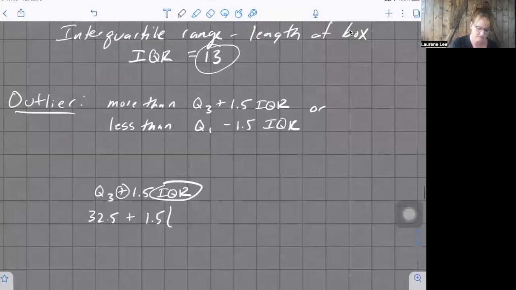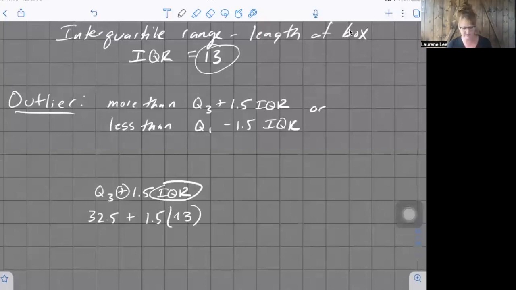It's 13. Okay, so again, your calculators do order of operations for you. All you need to do is type the numbers in just like you see them there. The calculator will crank out a value for you. So I'm going to go 32.5 plus 1.5 times 13. And I get a weird glitch in my calculator.